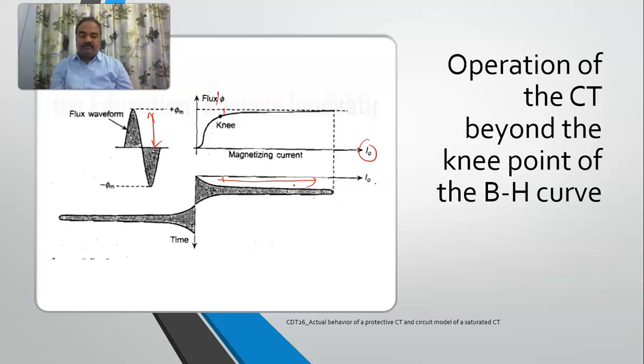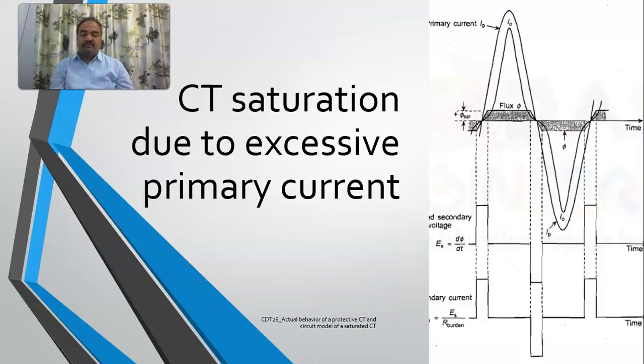So at higher values of IP, automatically what happens? This will lead to a decrease of IS. So this phenomenon is observed because of your saturation.